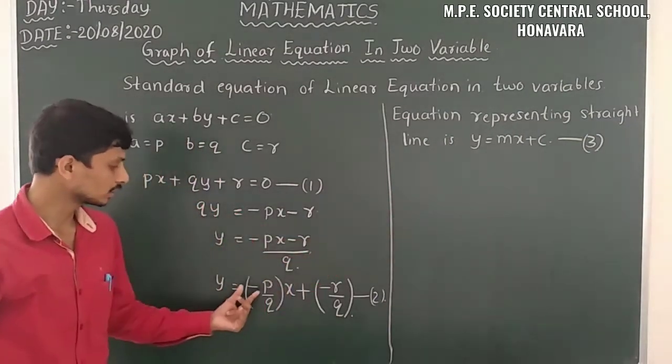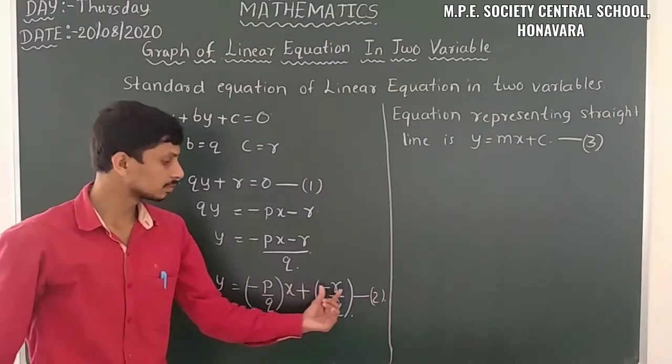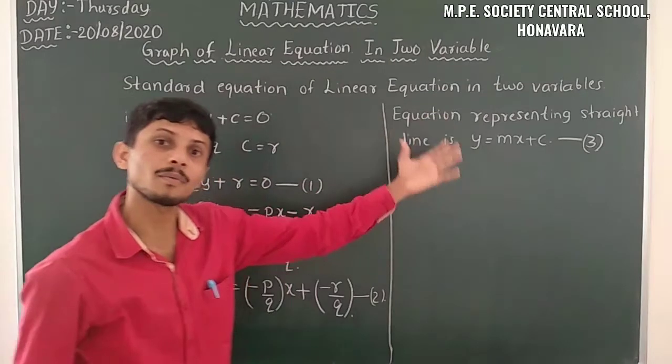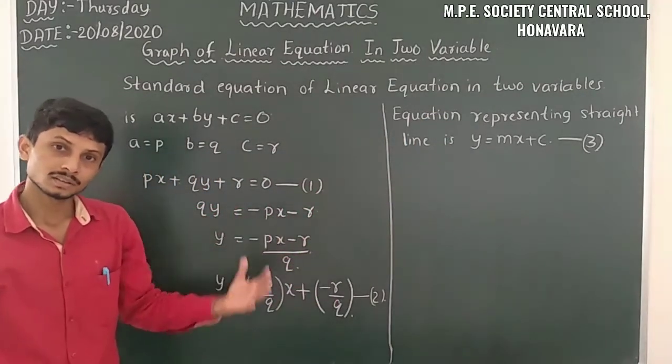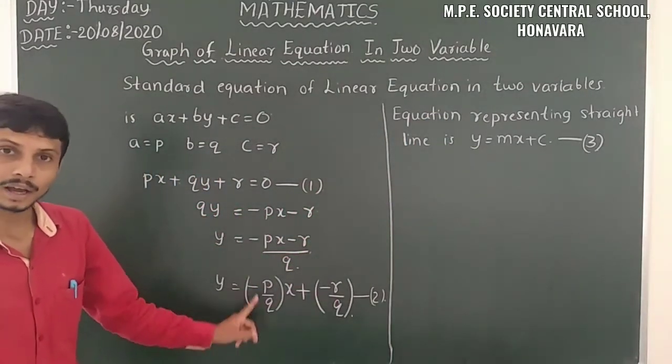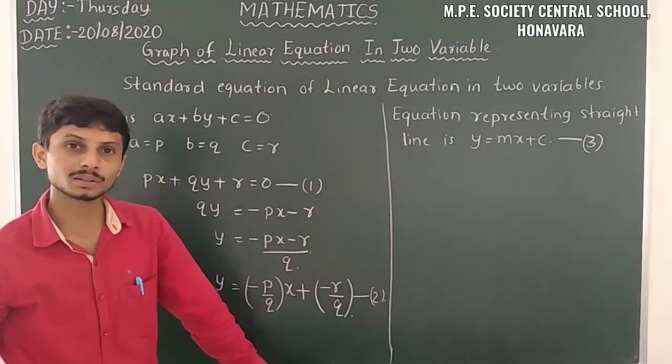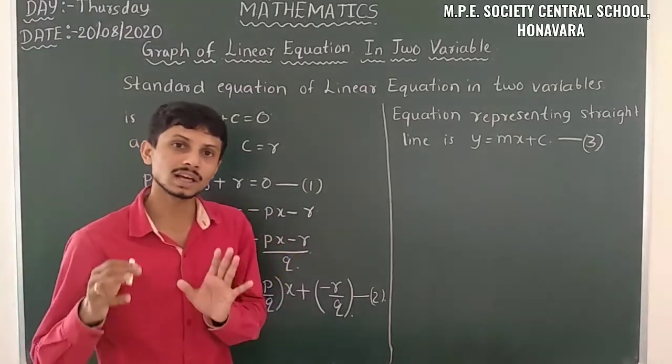That is y is equal to minus p by q x plus minus r by q. When we compare with equation 3, which is in the form of y is equal to mx plus c, the thing is that in the place of m we have minus p by q, and in the place of c we have minus r by q. That means both the equations are one and the same.